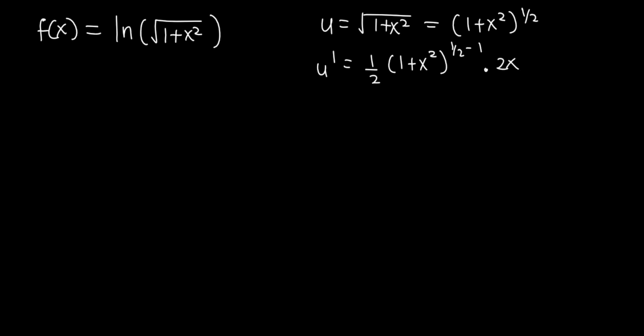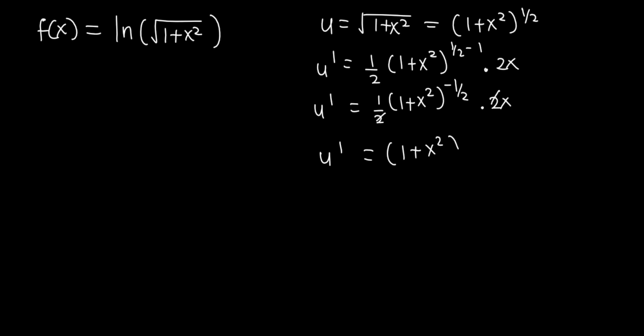So now let's simplify this. We're going to have u prime equal to 1 over 2 multiplying (1 plus x squared) to the power minus half times 2x. Okay, so you see that these two here can cancel out these two here. So we are going to have u prime equal to (1 plus x squared) to the power minus half multiplying x. I'm going to rewrite this (1 plus x squared) to the power minus half in a different way where we can get rid of the negative.